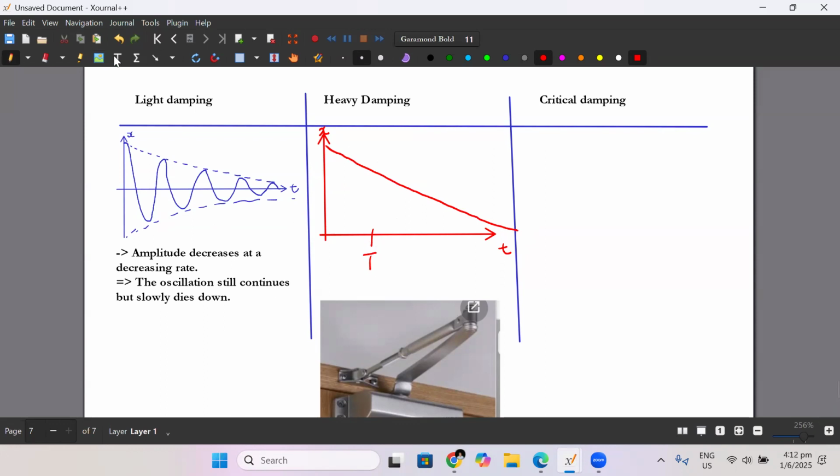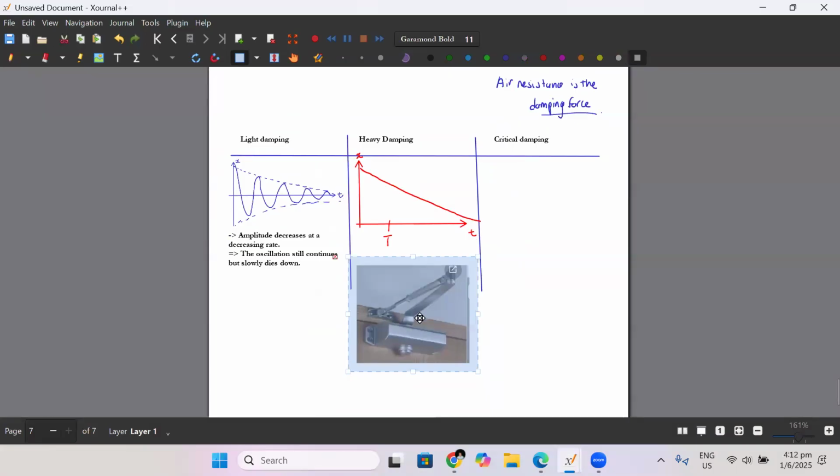It won't even finish and reach this point in time. It will take a very long time to go back to the origin. And more importantly, it doesn't ever go past x equals 0. So it will never swing past. You can visualize this on your door stopper: when you have this door stopper, you never swing forward past the gap. So that's how heavy damping works.